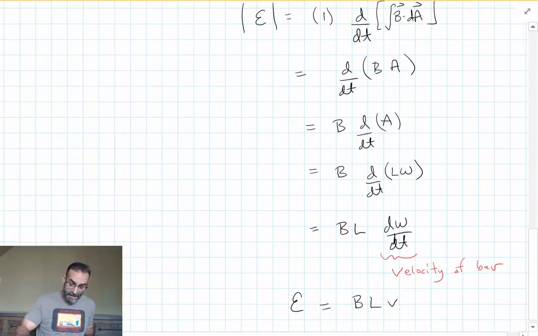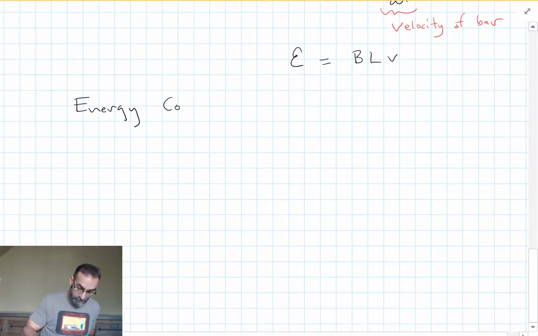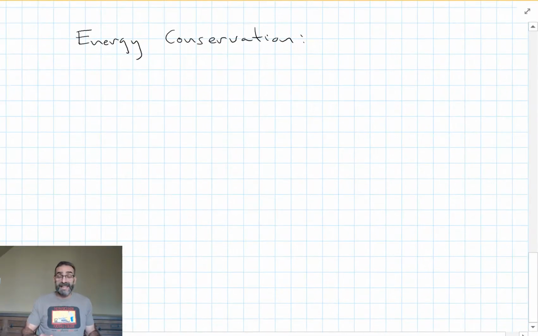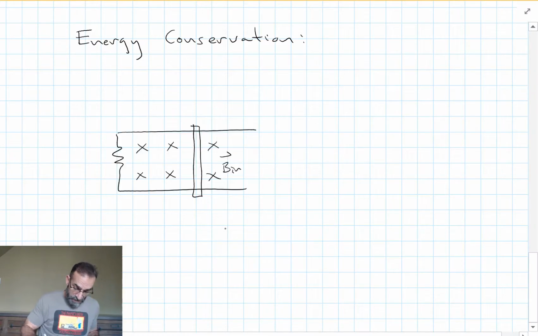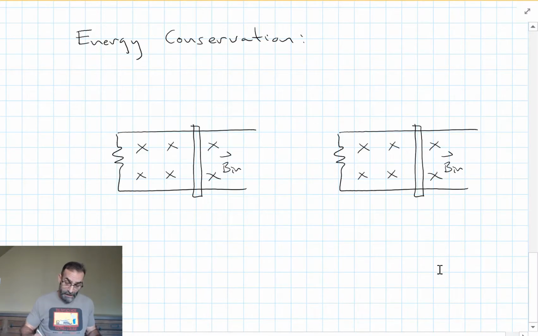There's one more way to think about this. A lot of people say Lenz's law is really just a conservation of energy law. Because what would happen? Let's take a look at our circuit and let's just pretend the current goes in one direction and then let's pretend it goes in the other direction. We don't know which direction it goes. Let's just draw the circuit. So there's our circuit.